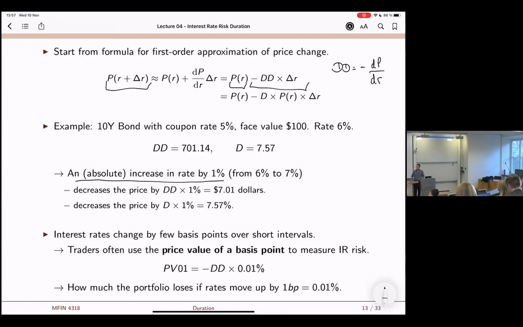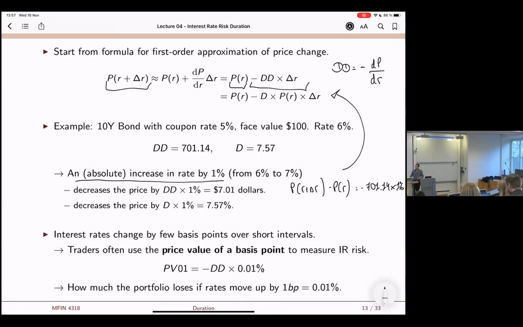So if we just plug in a number, it tells us that, well, the decrease in price here, which is going to be, so if we do P(R + ΔR) minus P(R), just using the formula above, is going to be minus 114 times 1%. Okay, I'm just applying this formula here. Okay, so 700 more or less multiplied by 1%, you get $7, right?